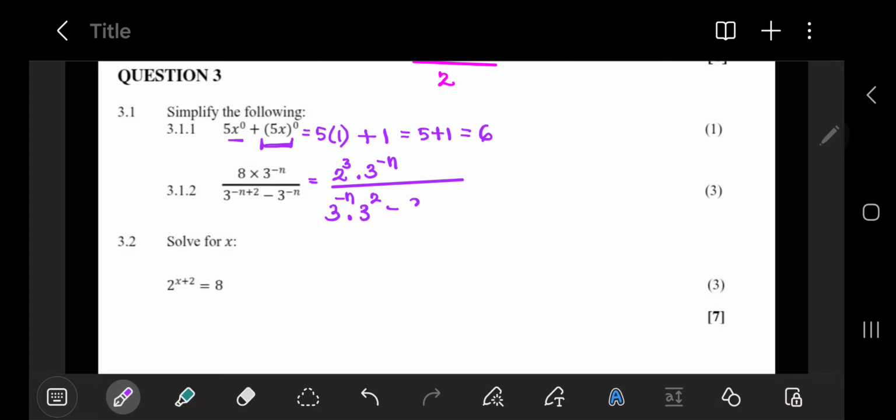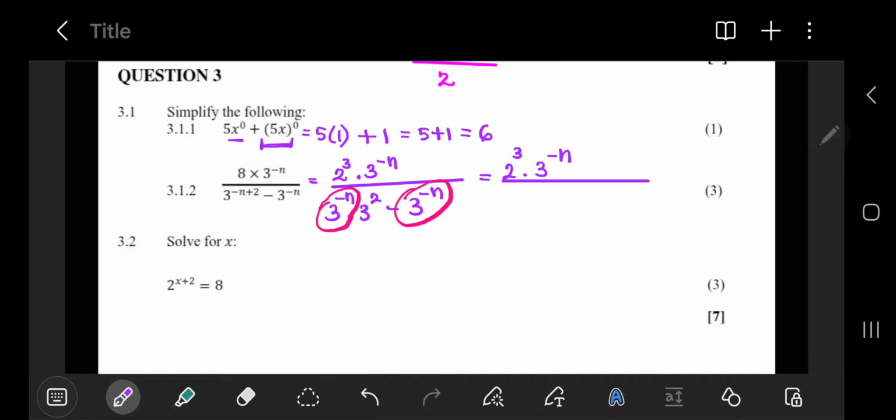Now the next one we have is 3 to the power negative n. And this is important. Why do we split up the exponents? Doing this allows you to identify what is common in your terms. So by doing so, we realize that both terms contain 3 to the power negative n. So we're going to factorize.